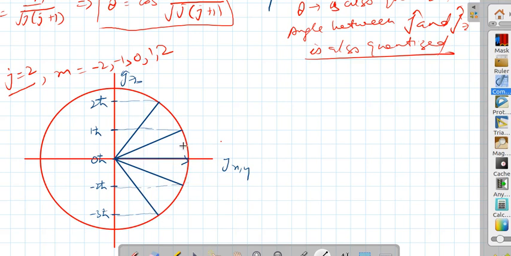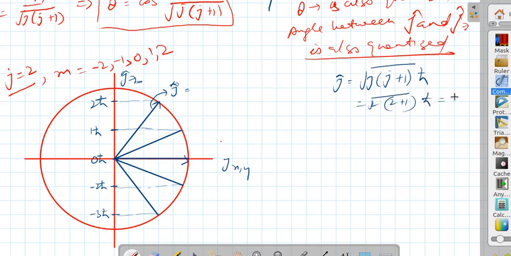That means the value of j is j into j plus 1 under the root times h cross. So 2 into 2 plus 1 under the root h cross, which is root 6 h cross.